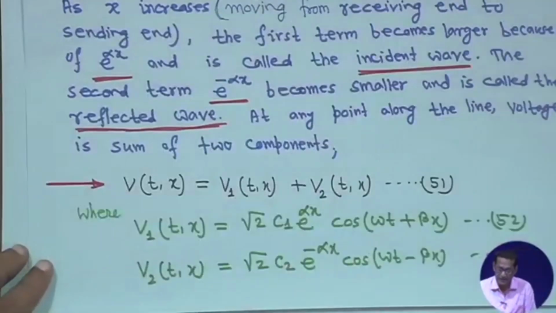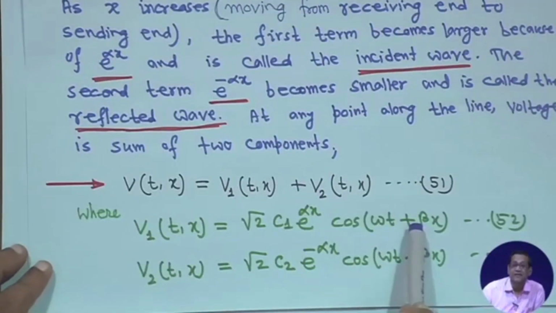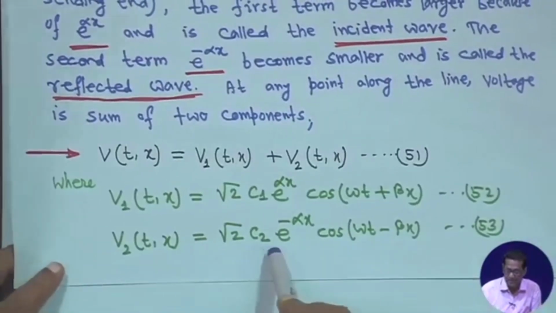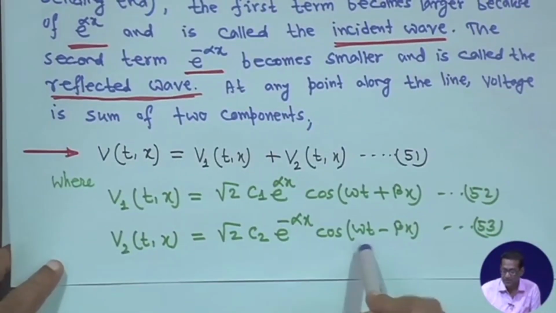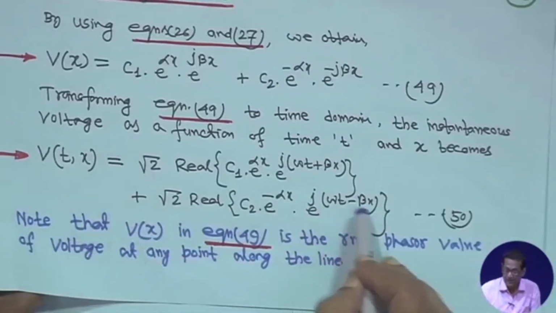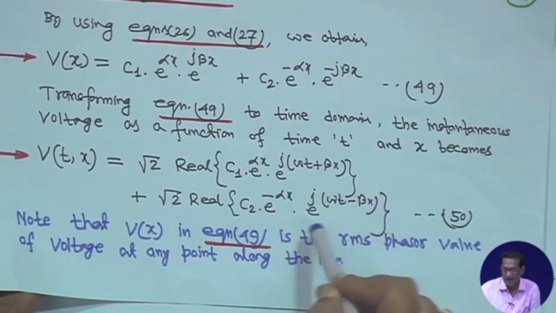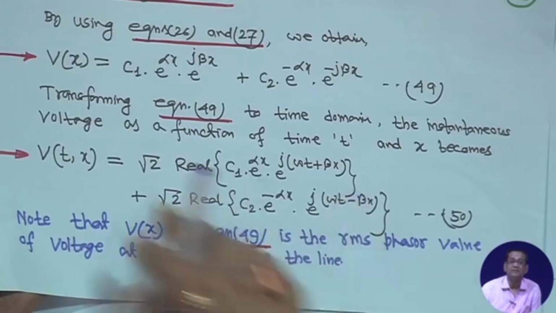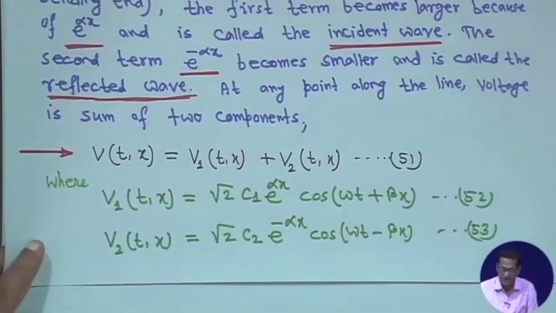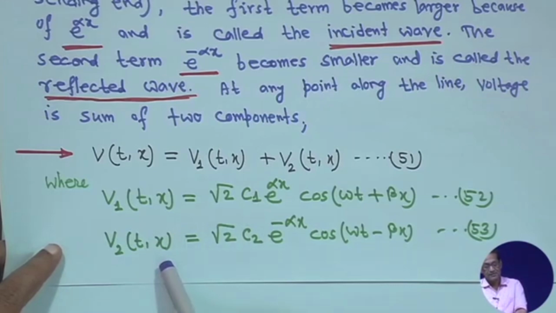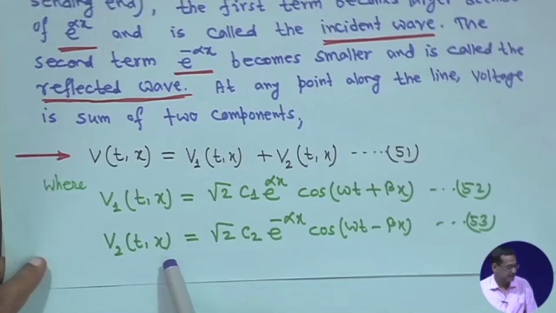This is equation 52. The second term V 2 of t, x will be root 2 C 2 e to the power minus alpha x cosine of omega t minus beta x, because here it is e to the power j of omega t minus beta x, and taking the real part. This is equation 53.